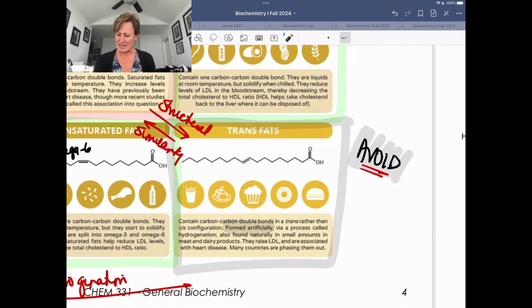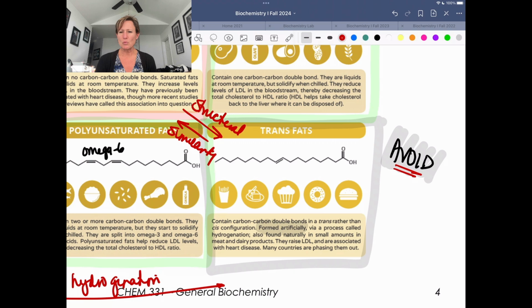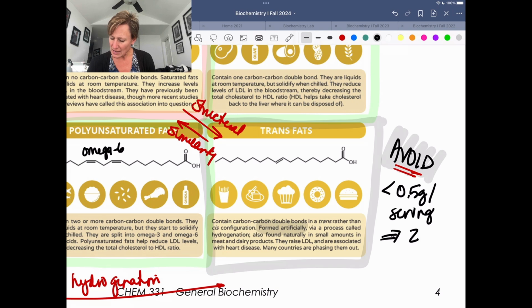So now what we see, and again, I hope I've convinced you want to avoid anything with trans fats, okay, is that if there are less than 0.5 grams of trans fats per serving, you essentially are allowed to say that there is 0.